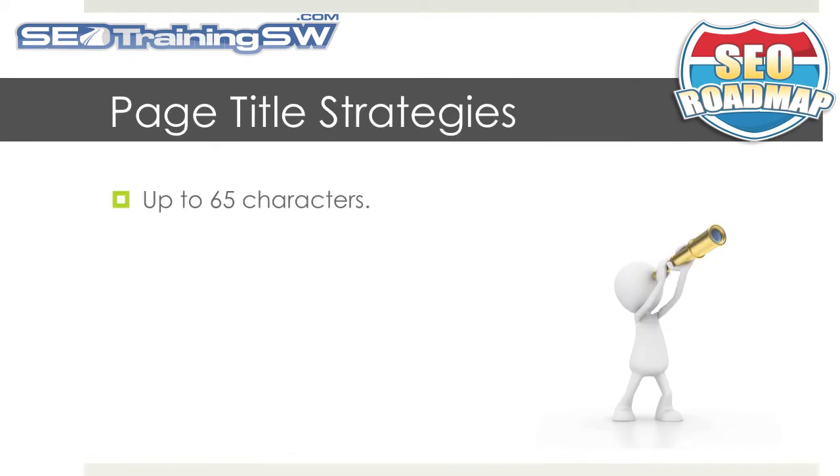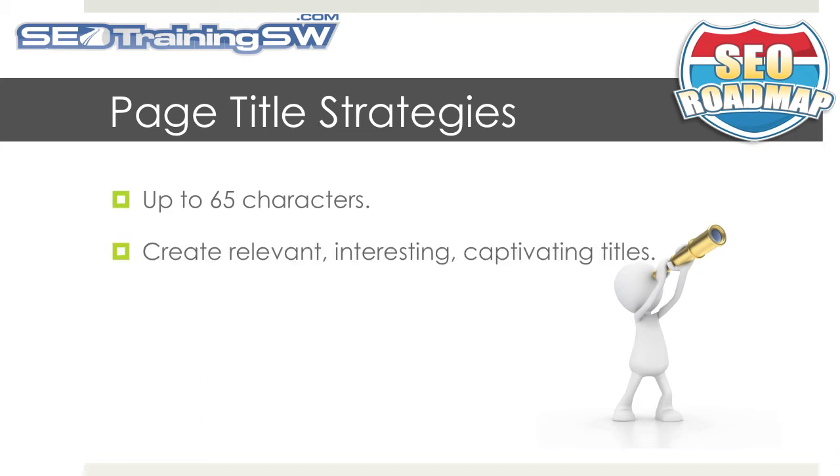As Google will allow up to 65 characters in your page title before they truncate, we will begin there. Typically, I would write 5 to 10 page titles for my business that would be relevant, interesting, and captivating to my audience, while also trying to include a call to action.